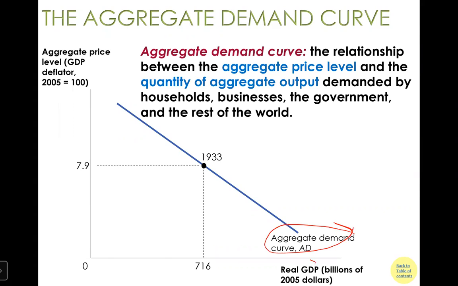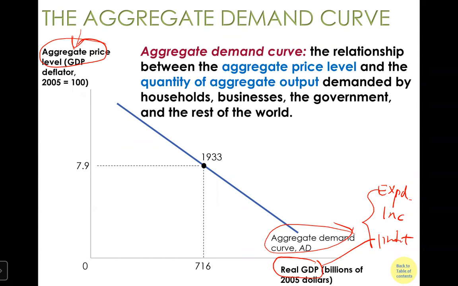We look at real GDP, because again, we can look at GDP through three aspects: expenditure, income, or product. And here, the aggregate price is the price of a bundle of things.